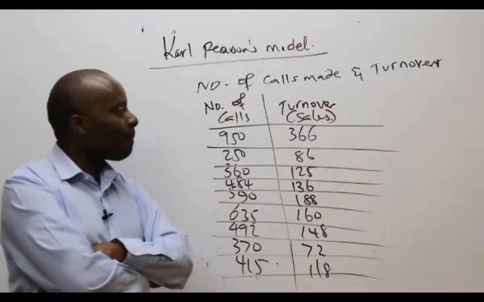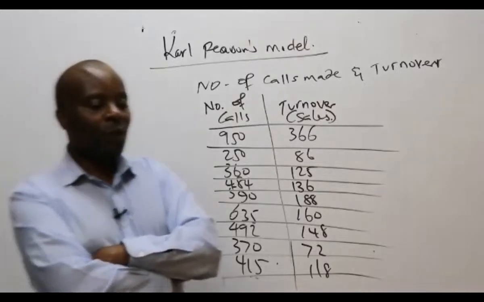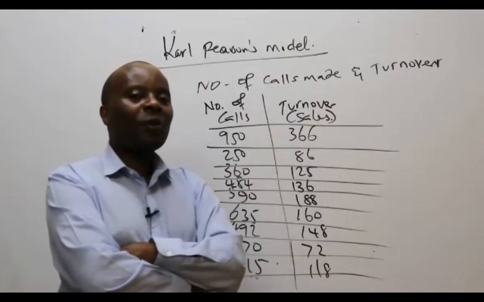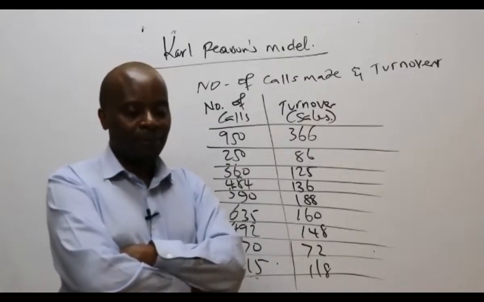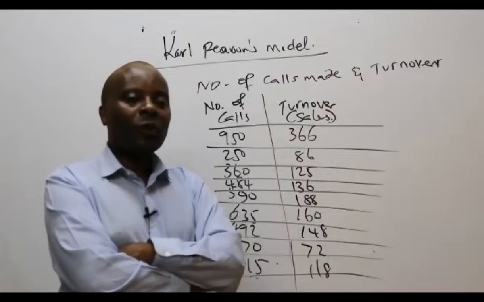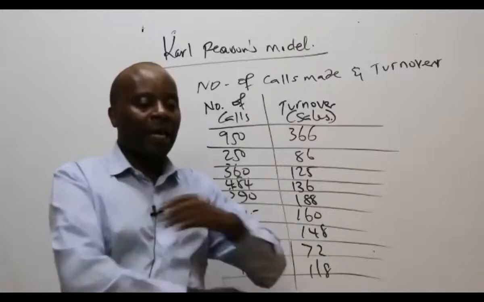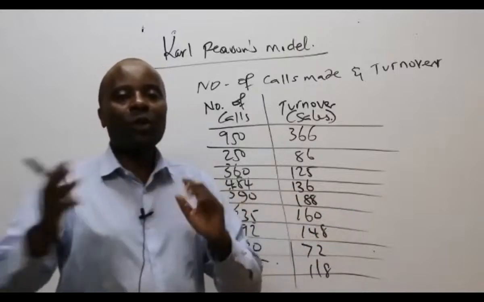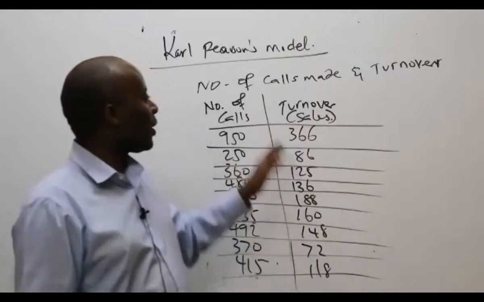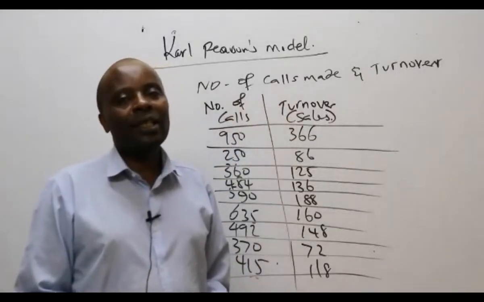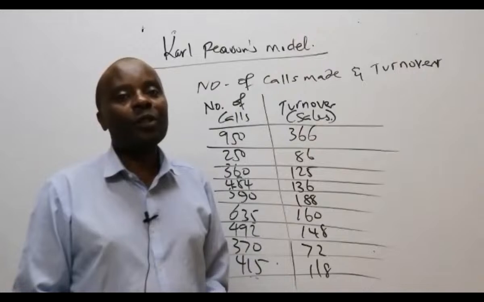So, ladies and gentlemen, if you ask those students why they are giving, for example, number of calls to be X, most of them will not have an answer. Most of them will tell you that it is because number of calls happens to be the first column, and as per the chronological order, alphabetical order, the first one should be X, the second one should be Y. There is nothing that can be further from the truth than that.